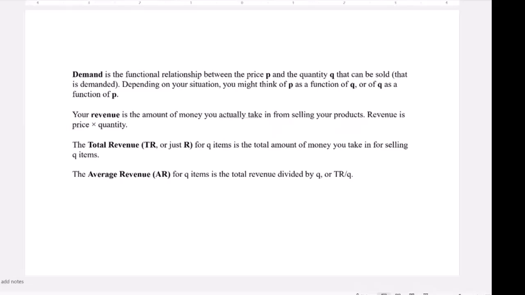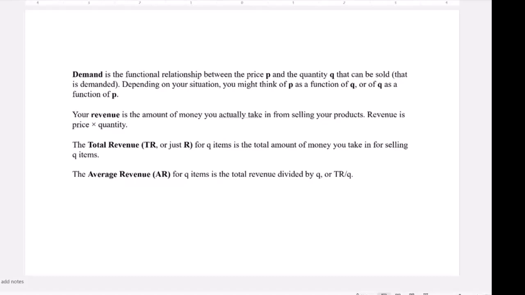Demand is the functional relationship between the price, which we're going to call P, and the quantity, which we're going to call Q, that can be sold. Basically, what people would demand. That's why we call it the demand function. For example, if you sold a car for $200, you'd have a gigantic demand, right?